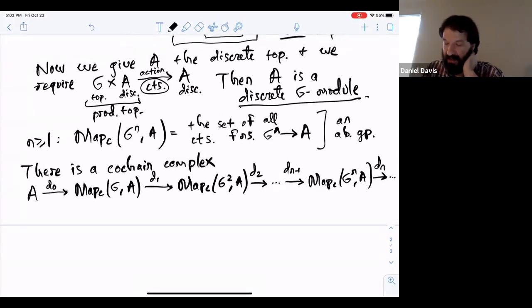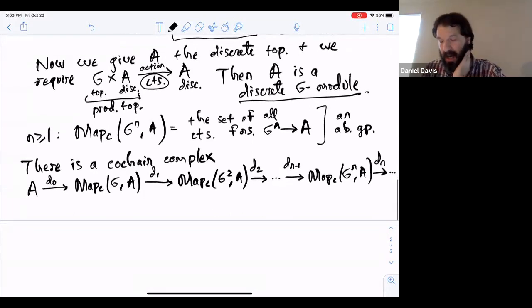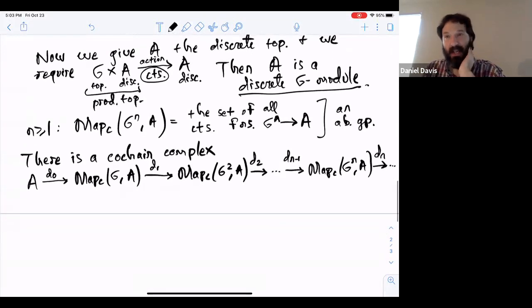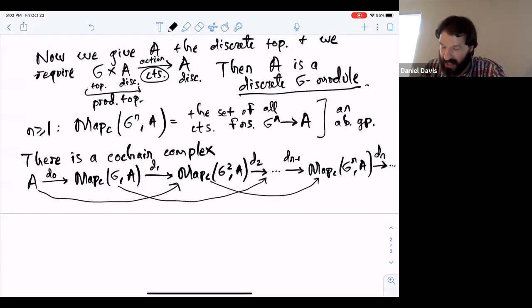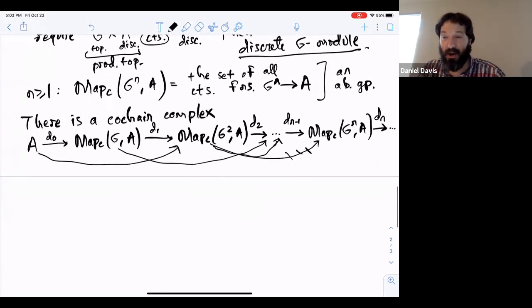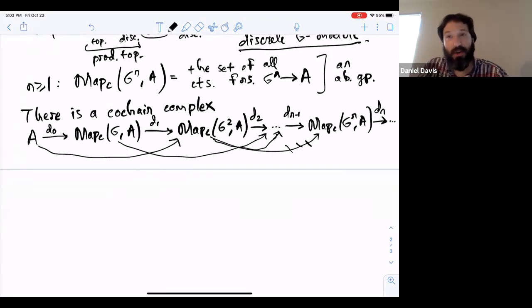So we have these abelian groups connected by group homomorphisms, and it's a cochain complex, so successive compositions give the zero homomorphism. So we do what we did before.